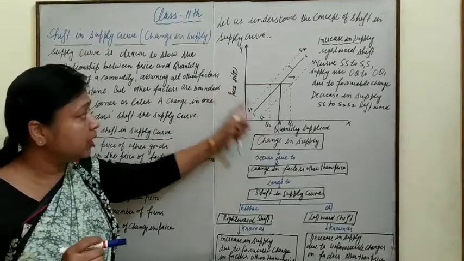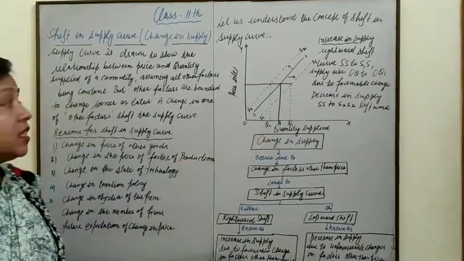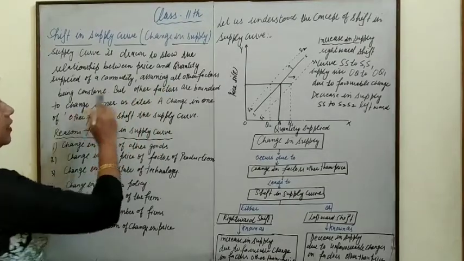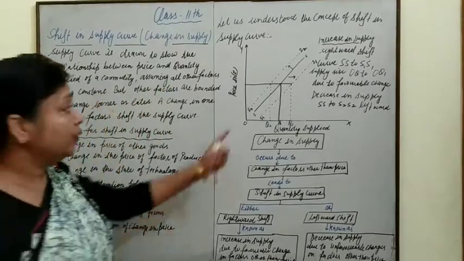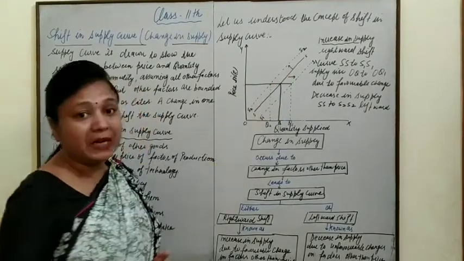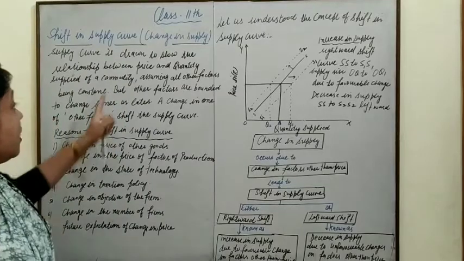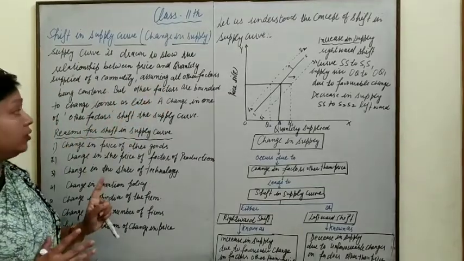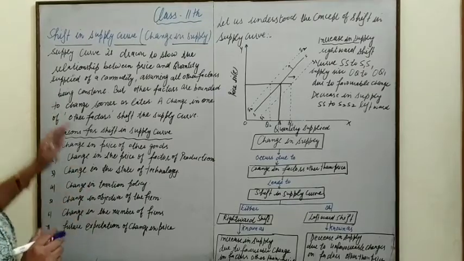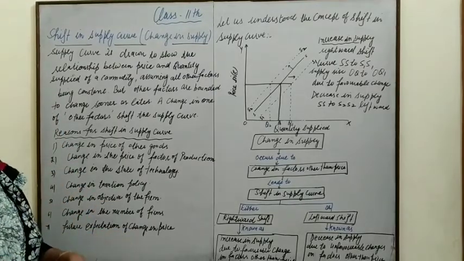The supply curve shows the relationship between the price and the quantity supplied, assuming all other things being constant. But other factors are bound to change sooner or later.